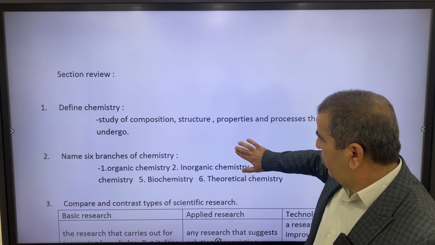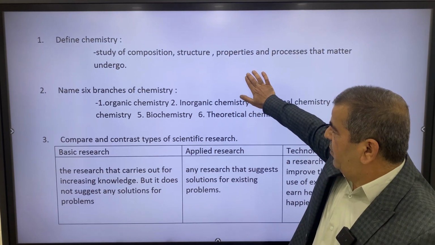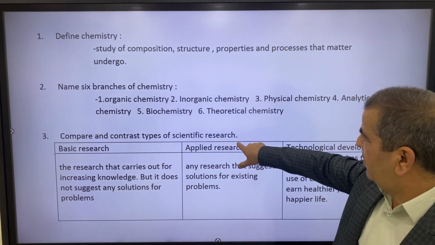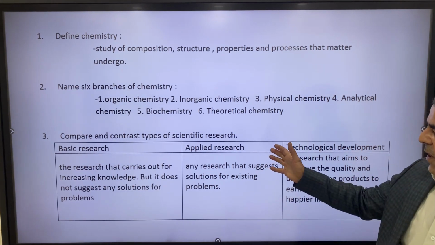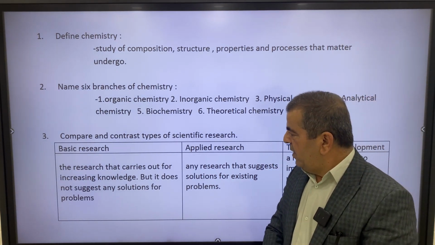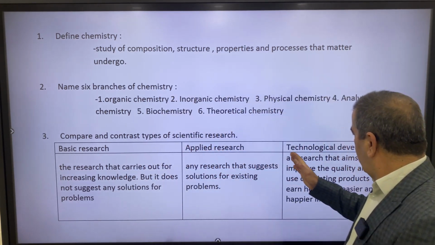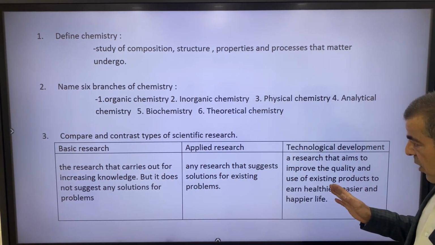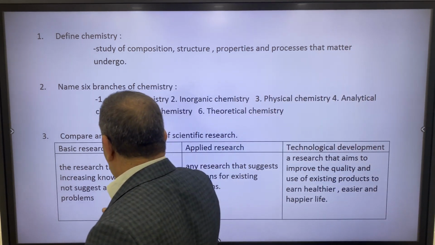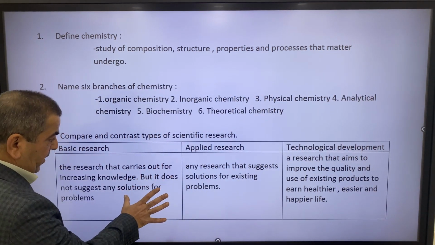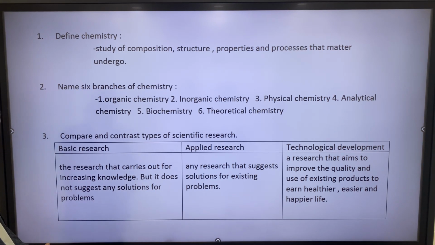The third question in section review is compare and contrast types of scientific research. We just talked about them: basic research, applied research, and technological development. Of course, here the definition itself can be the contrast.